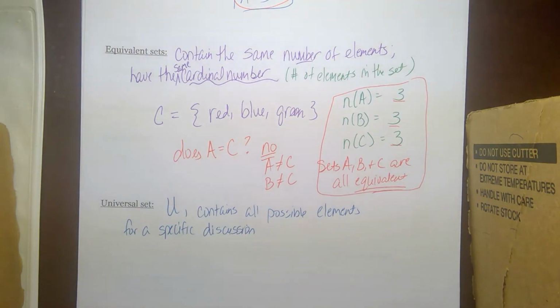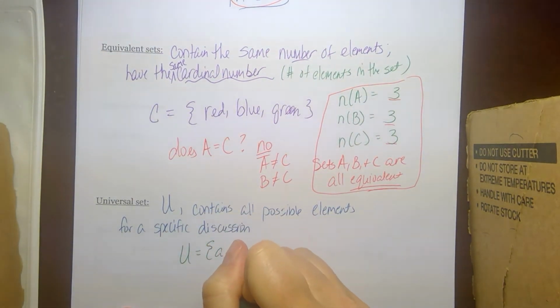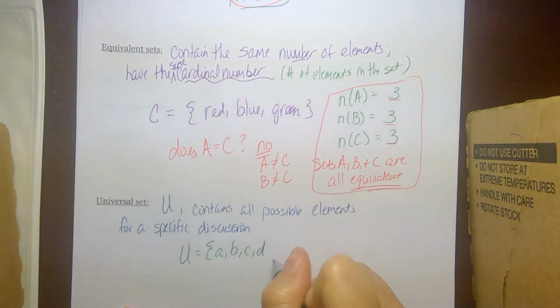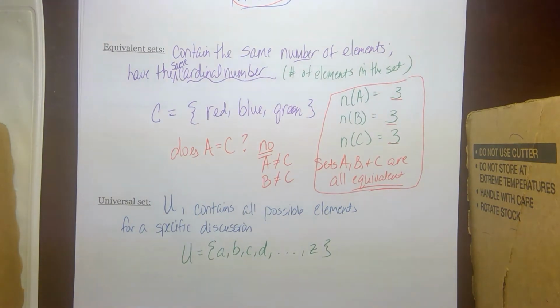Okay, let's do an example. We're going to say that my universal set is my English alphabet. So I start with A, B, C, D, and we keep going until we get to Z. That's my universal set. There are 26 letters in the alphabet. A subset of that universal set would be the vowels.